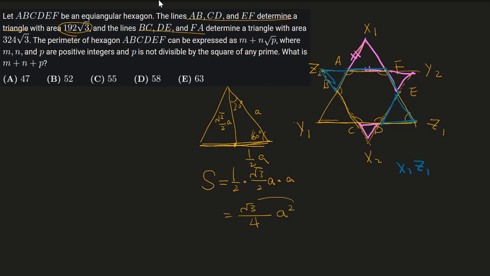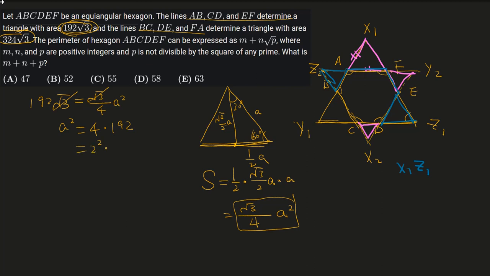Good. Then we can compare this formula with these two numbers. Then it's quite straightforward to get the side length of these two equilateral triangles. Now let's do it one by one. When 192 times square root 3 equals square root 3 over 4 times A squared, we can cancel these two square root 3. Then A squared equals 4 times 192. So 4 is 2 squared.